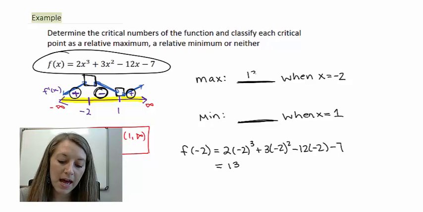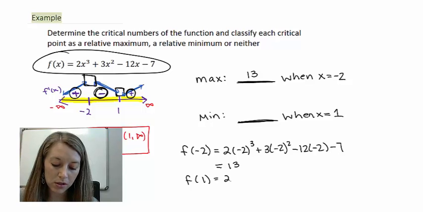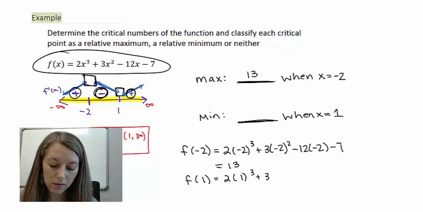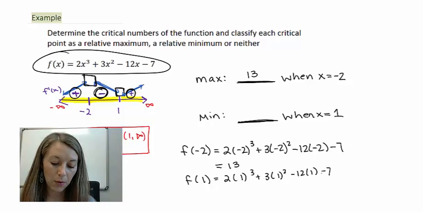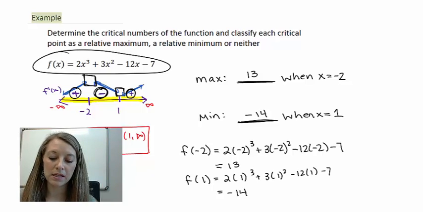So my maximum is happening when y equals 13. To find the minimum value, I'd be doing the same thing, just plug 1 into my function. And when I simplify that, that gives me the value of -14. So that is where my minimum value is at.